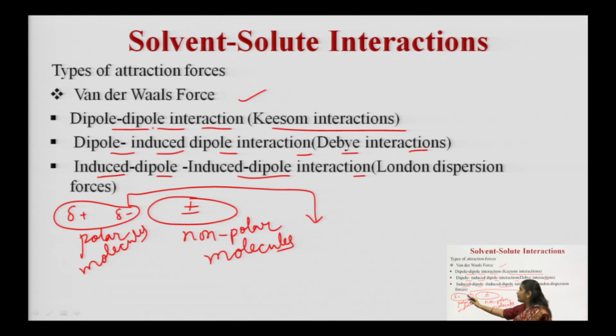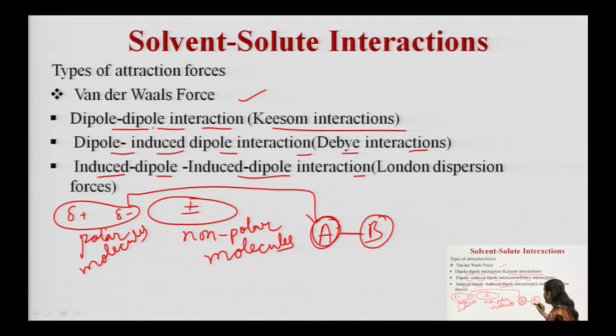This is due to the structure of the molecule, due to the atoms present in it. Suppose a molecule is made up of A and B, and there exists an electronegativity difference between the two atoms, that is, B is more electronegative than A. Then the more electronegative atom attracts the covalent bond electron cloud towards itself.